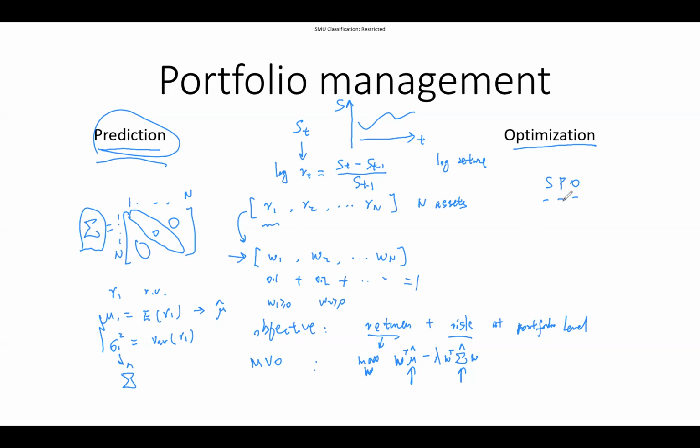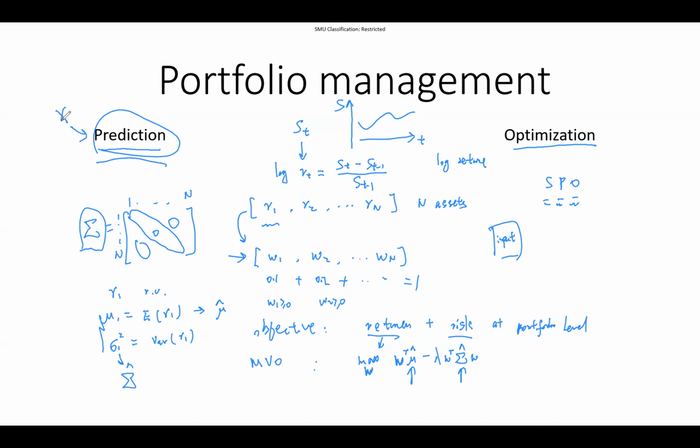So previously we described predict and optimize. These are two stages, but then this is where the Smart comes in. Smart means that we are going to do prediction and optimization at the same time, in one shot. So for example, we have some inputs, which could be what we observe in terms of historical prices. This is where prediction comes in.